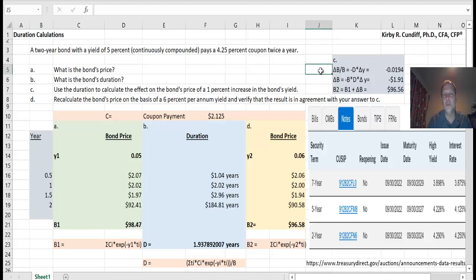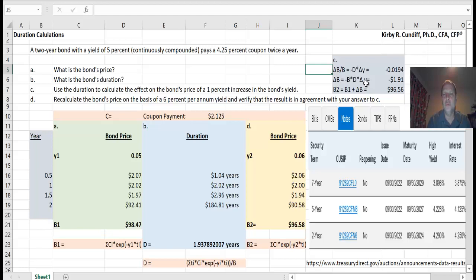Duration is a Taylor series analysis, and it is the linear term, delta y. Using that Taylor series analysis, you would say the change in the bond's price is going to equal minus the current bond's price times the duration times the change in interest rates.